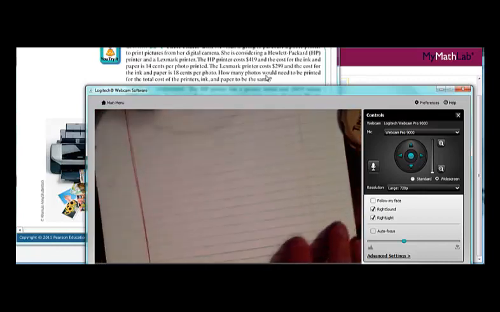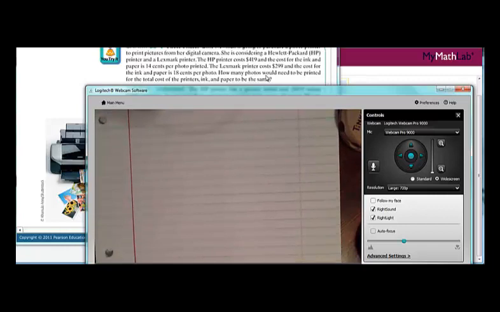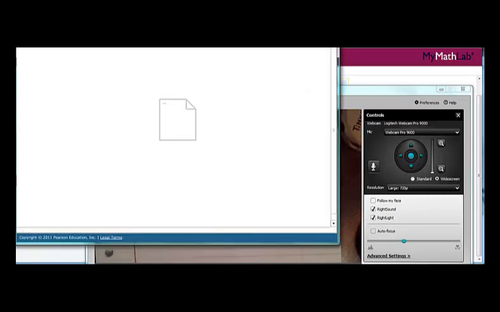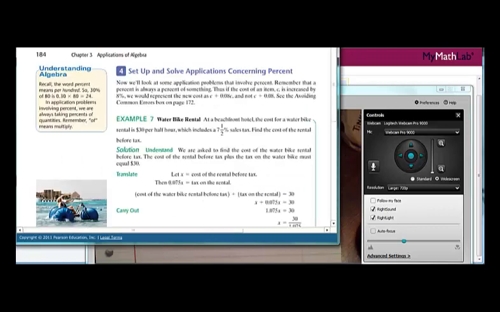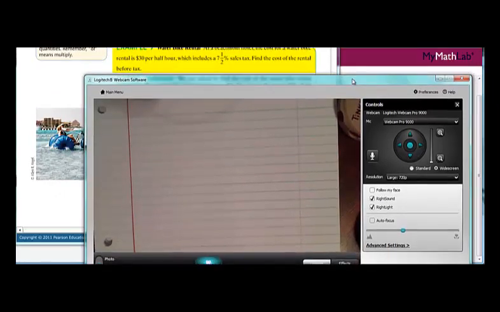Okay, so we have two percent problems. I'm going to go ahead and go to page 184, and we're going to do example 7. It says a water bike rental at a beachfront hotel. The cost of a water bike is $30 per half hour, which includes the 7.5% sales tax. So we want to find the cost of the rental before the tax.